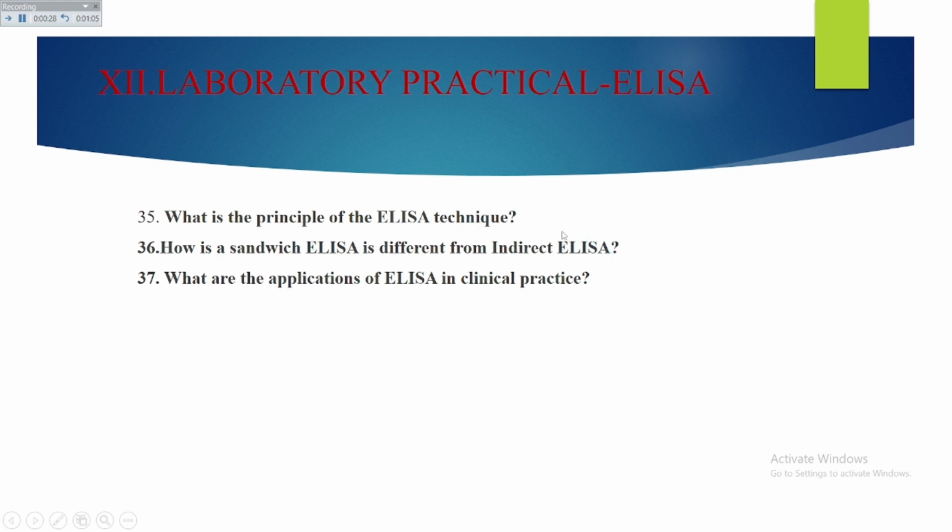ELISA has many different types; here we deal with sandwich and indirect ELISA. The third is: what are the applications of ELISA in clinical practice? After knowing all about ELISA, we will know where it is applied.